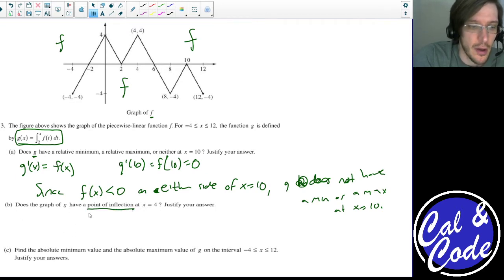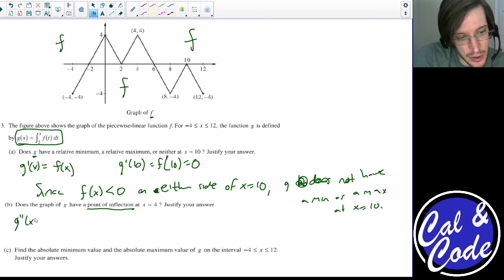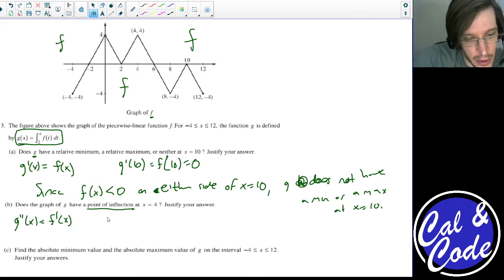So now, instead of talking about g prime, I start worrying about g double prime. g double prime would be f prime of x. So what they want to know is, does f prime of x change at 4?